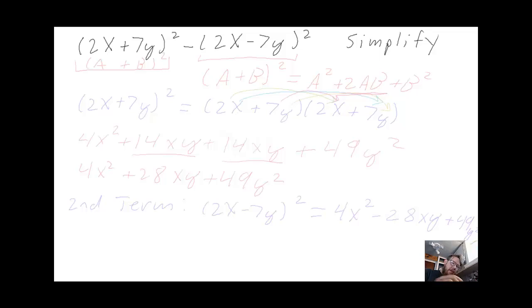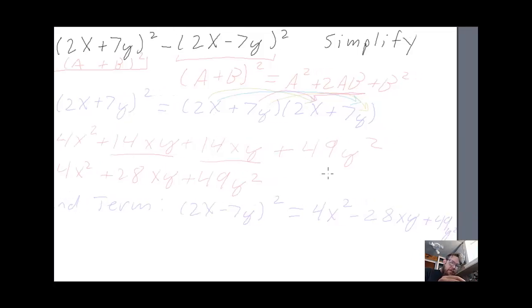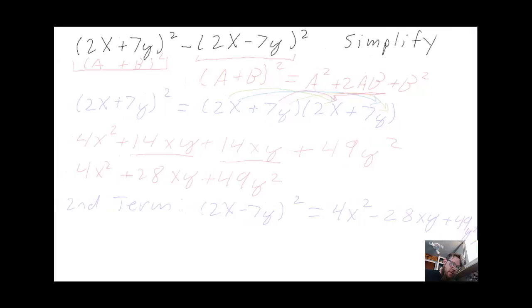Using the same algorithm, or way we do things, for the second term we get 4x squared minus 28xy plus 49y squared.